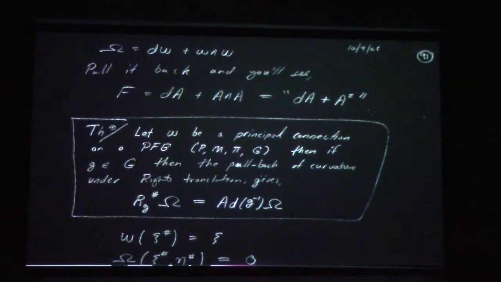And here's the cool thing. Under principal fiber bundle coordinate change, if I pull back under Rg of omega, I just get this relation here.